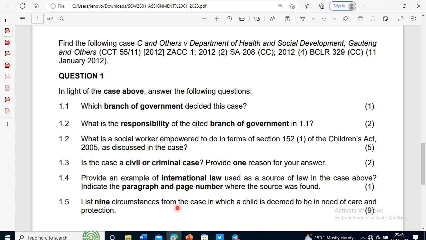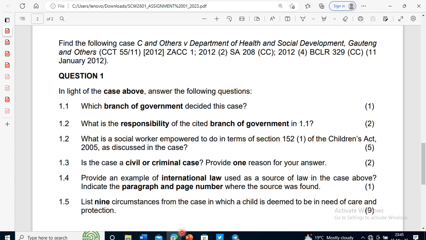So for this one, guys, we have to state 9 circumstances. In order to get those circumstances, you need to go to your case journal. In your case journal, page 3, footnote number 4, reference, not paragraph, reference of footnote 4. You're going to see Section 105(1) and (2), the circumstances in which a child is deemed to be in need of care and protection.